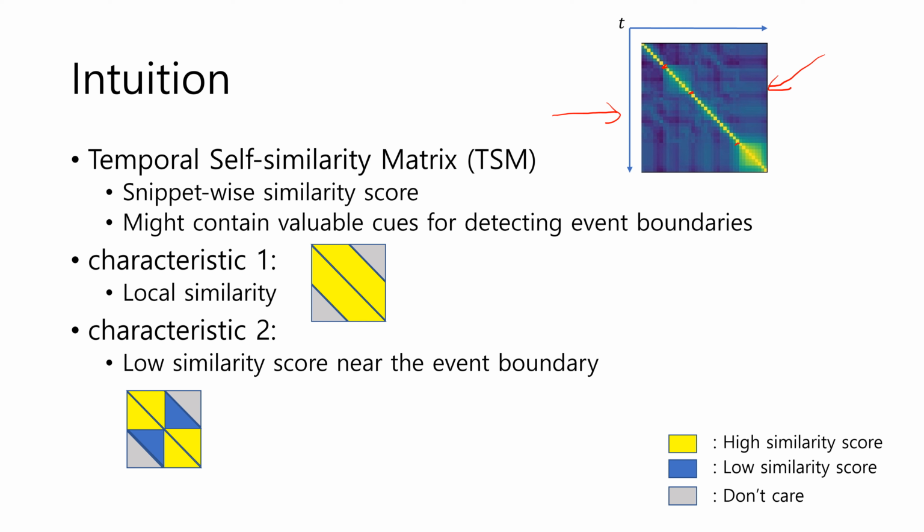I used the fact that the TSM would show local similarity except near the event boundaries. Note that the local similarity comes from the video's natural characteristic. Adjacent frames contain similar content, while a drastic similarity score change results from the change of the video semantics that occurs near the event boundary. These figures would help you to understand the concept.